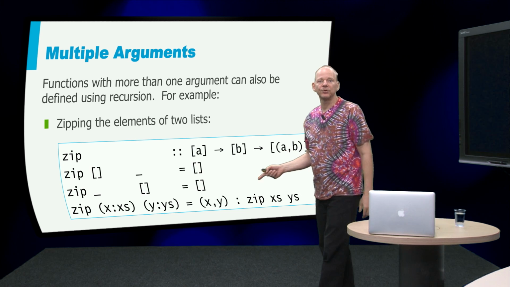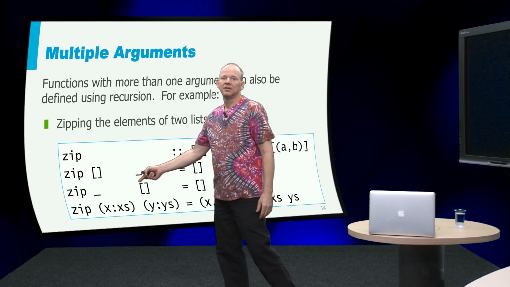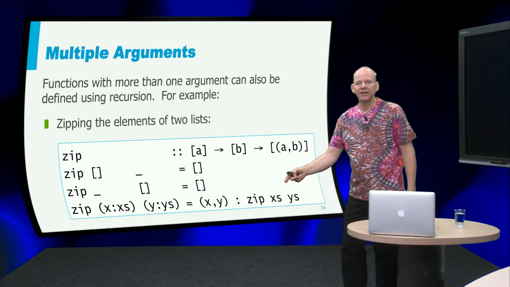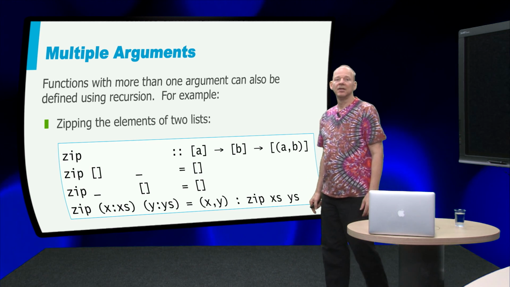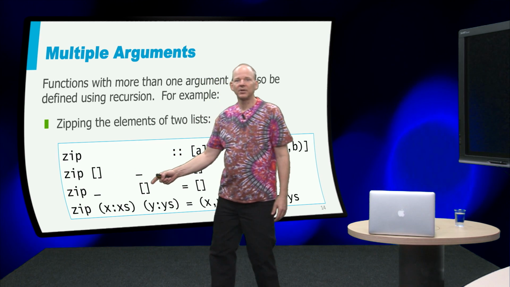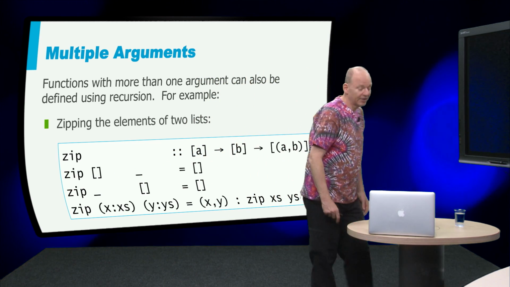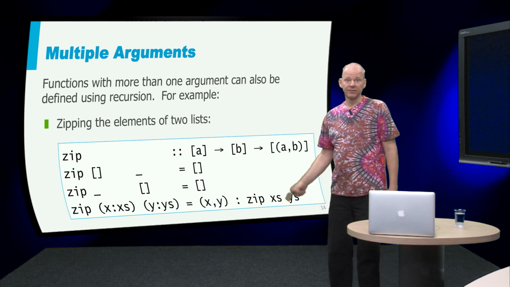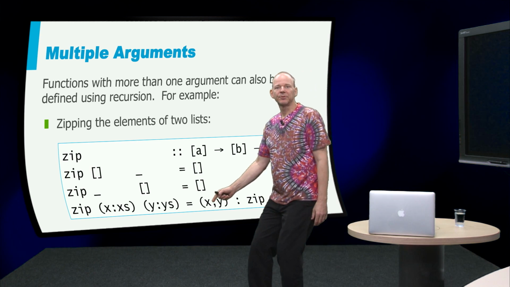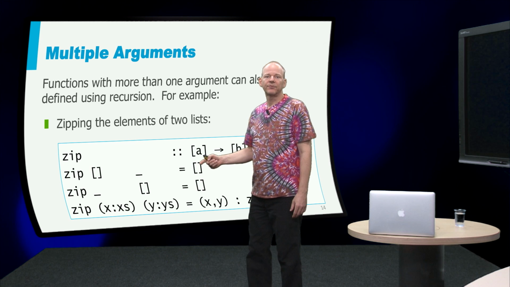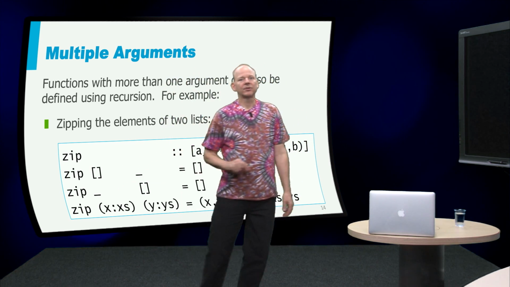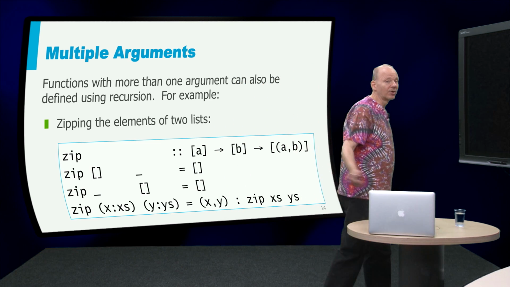If we have 2 non-empty lists, we take the head of both, put that in a pair, and recursively zip the rest. Now, when do we stop? We stop when either of the 2 lists is exhausted, in which case we return the empty list. And of course, we have to put these cases first, because there's a wildcard pattern here that would otherwise not work.